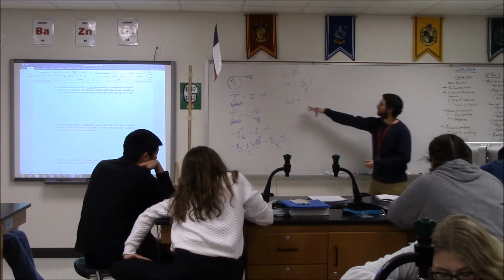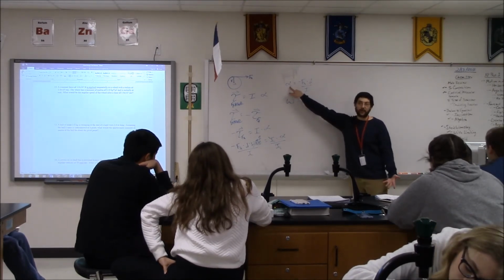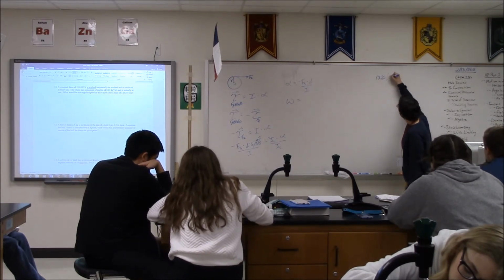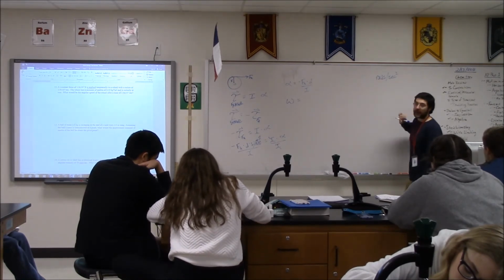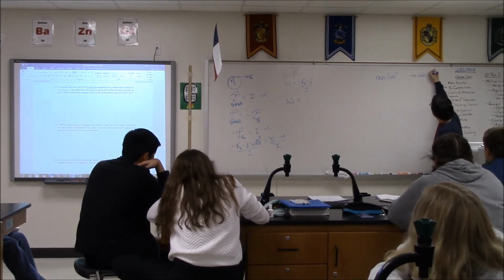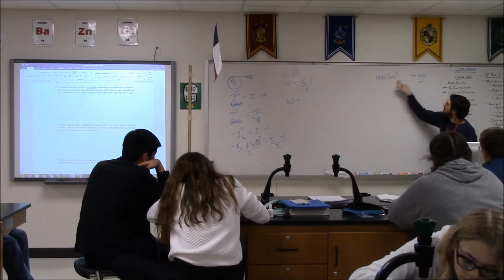Let's just inspect the thing. We're going to have to use this, because that's the only angular thing I know. That's in units of radians per second squared, and I need it to become just radians per second. How can I turn this into this?